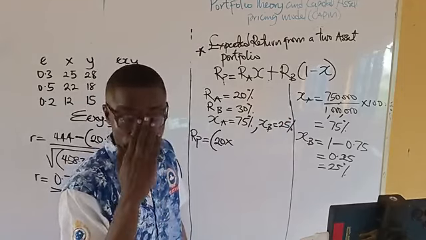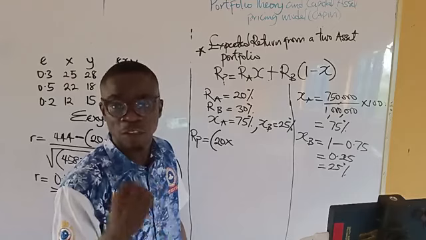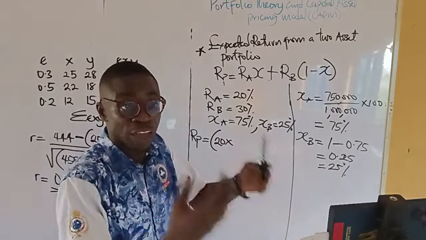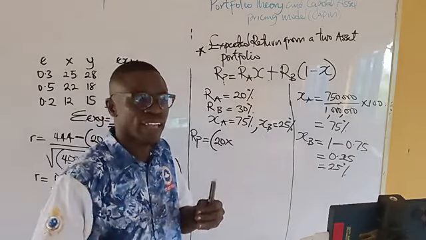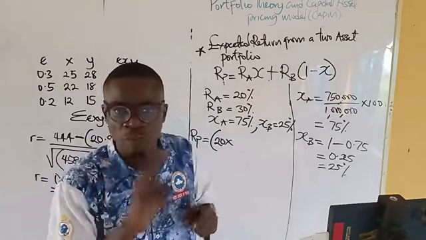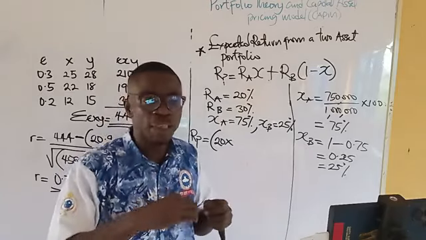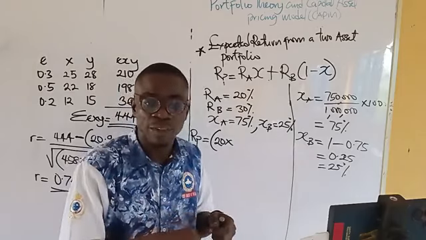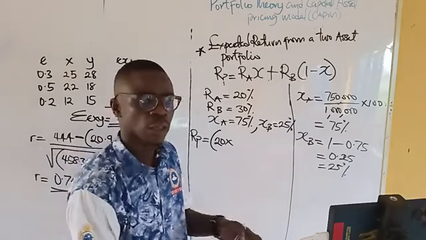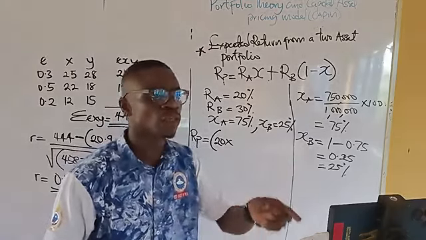You have two investments. You have invested 75% of the money you want to use to invest on investment A, and it's two investments that you want to invest in. That means the balance, whatever is left, you will invest on B. So that will be 1 minus what?